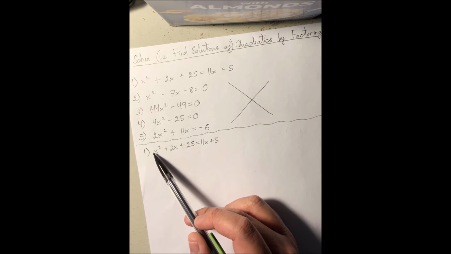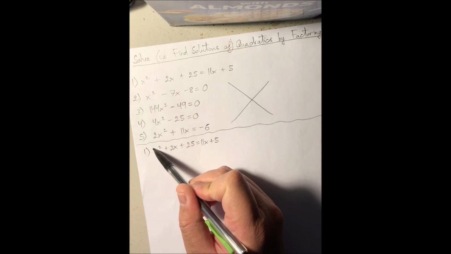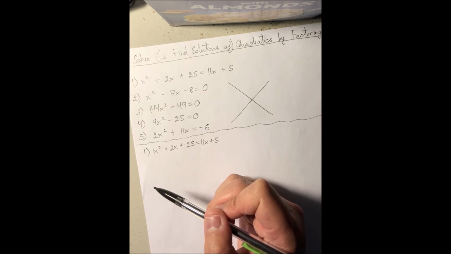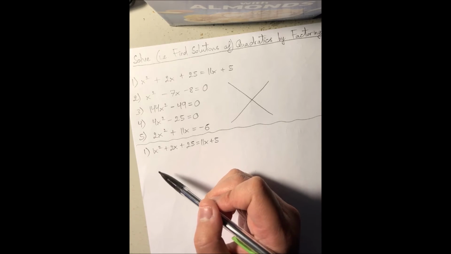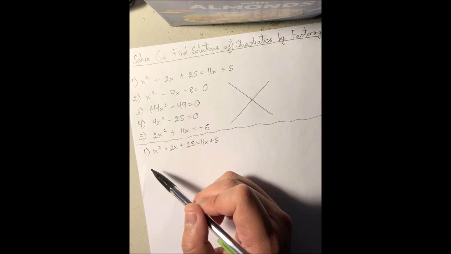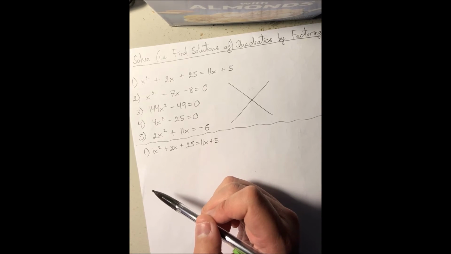Well, to determine that, you want to make sure your leading coefficient, in this case the invisible positive 1, stays positive all the way through, because with a positive leading coefficient, factoring is going to be a lot easier, unlike having a negative leading coefficient.